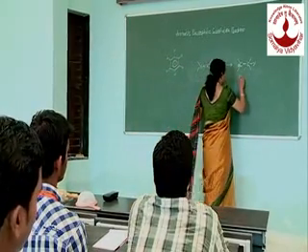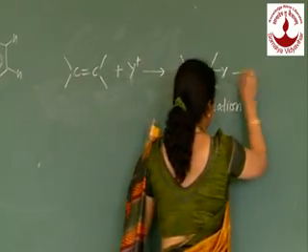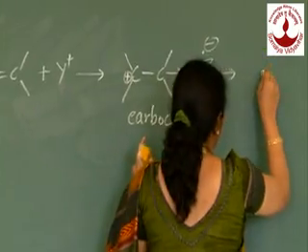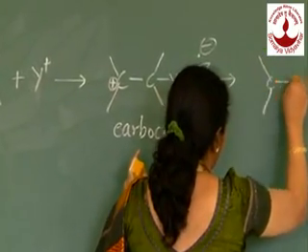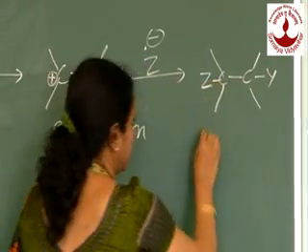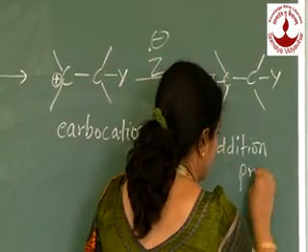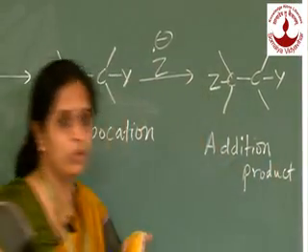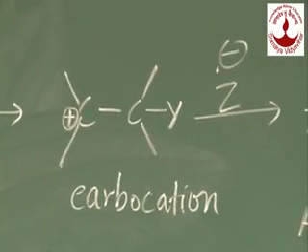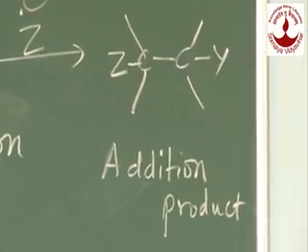Then it reacts with a nucleophile which is available in the reaction mixture, and that gives us the addition product. So in case of alkenes, the electrophilic reaction proceeds giving us the addition product.